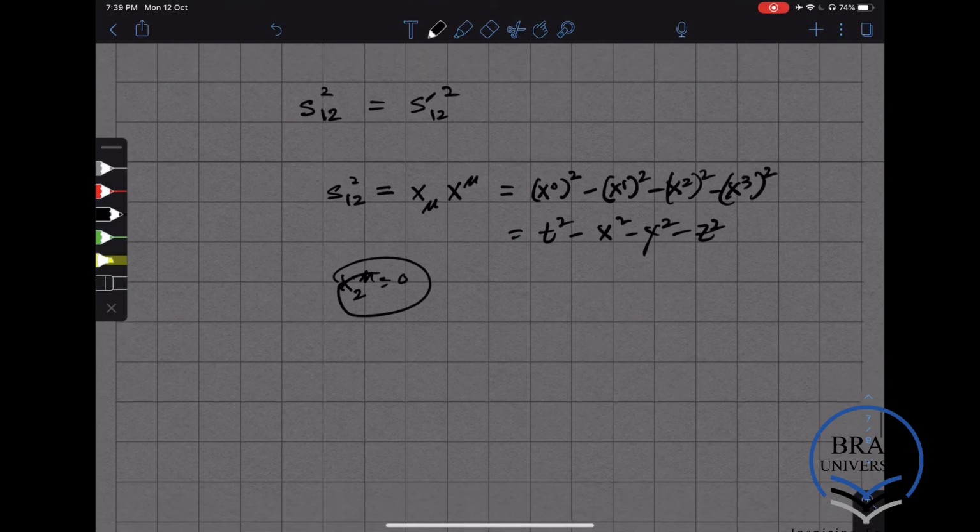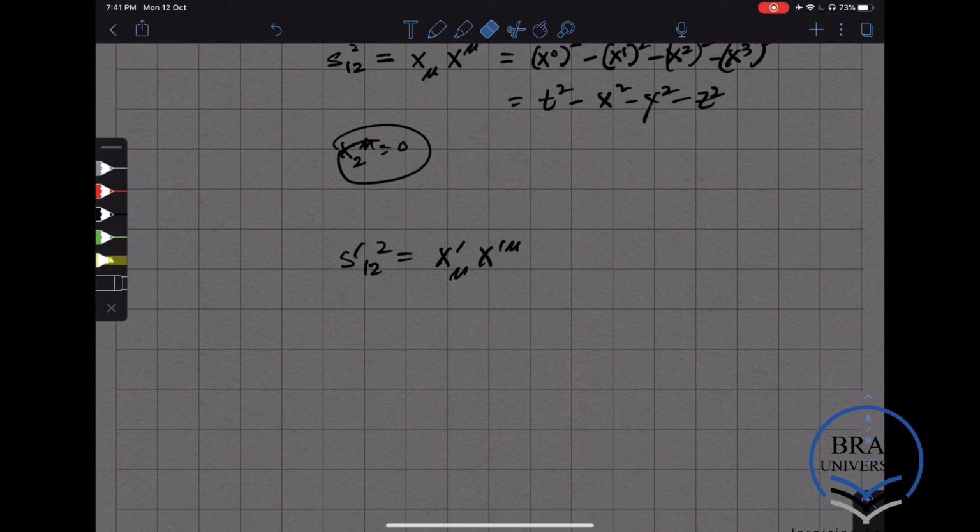So according to special relativity, this thing will be equal to s'_12 squared, which is x'_μ x'^μ. Let's look at what this is. This is x' of μ downstairs, x' of μ upstairs.